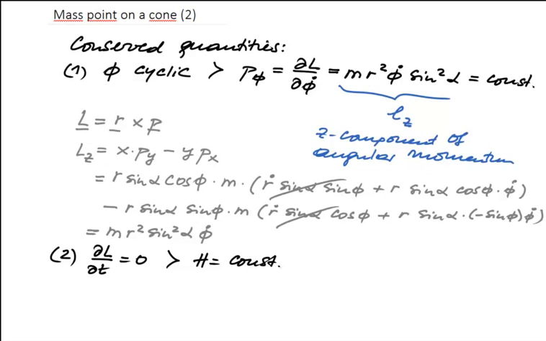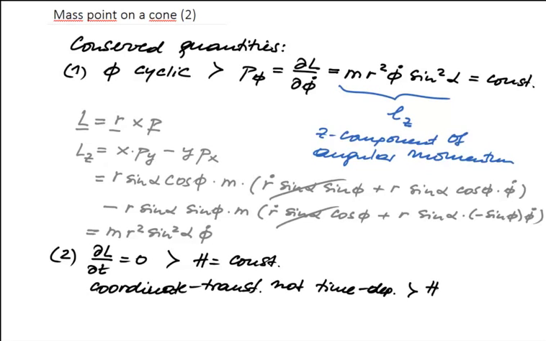In this case, the Hamilton function equals the total energy because the coordinate transformation is not time dependent. The Hamilton function can simply be expressed as the sum of kinetic energy plus potential energy.